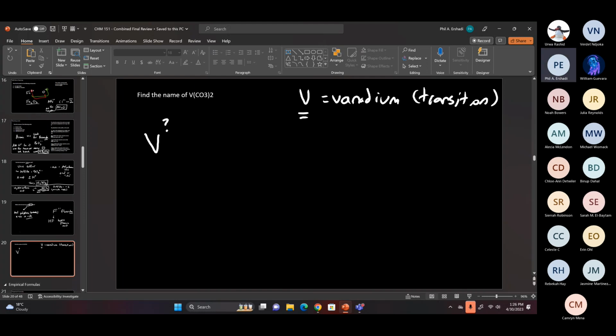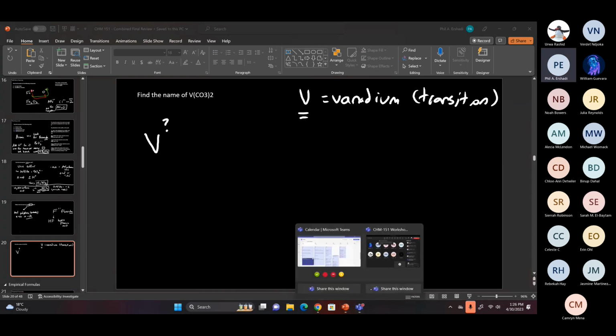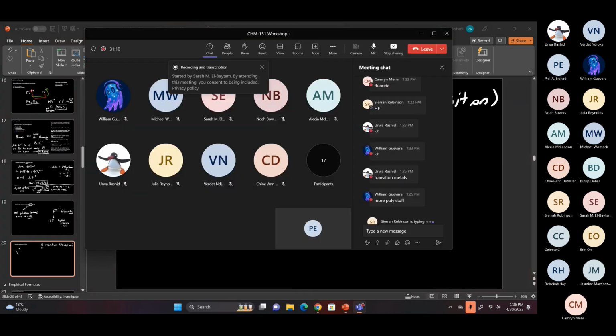So we'll just say we have vanadium, and then we don't know what charge it is because it's transition. But CO3, what is that called? And what is its charge? CO3. Name and charge. What do you think? Carbonate is correct.